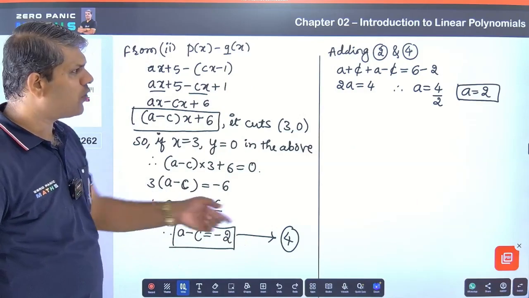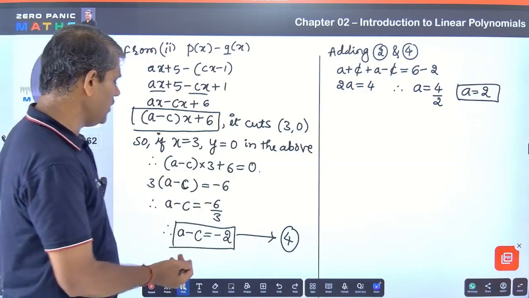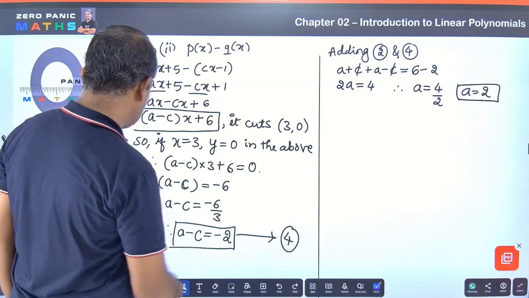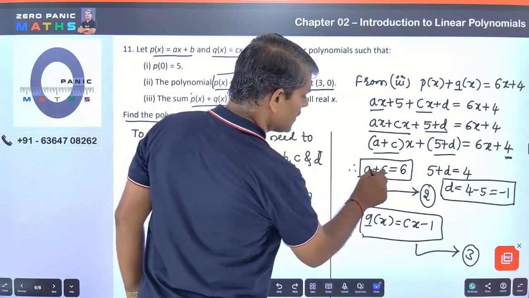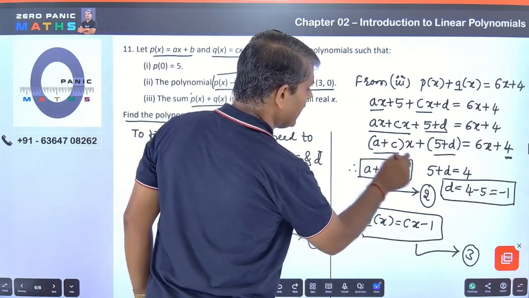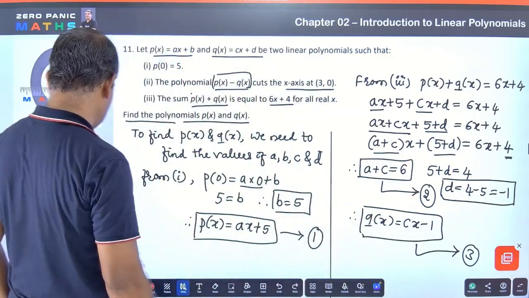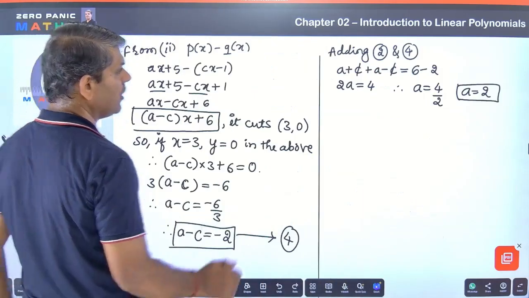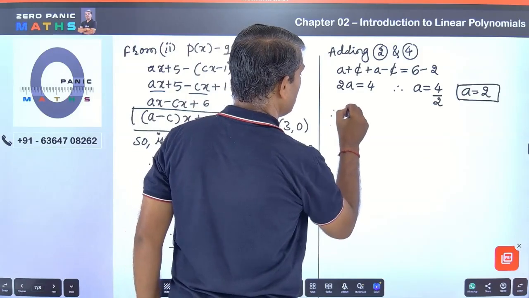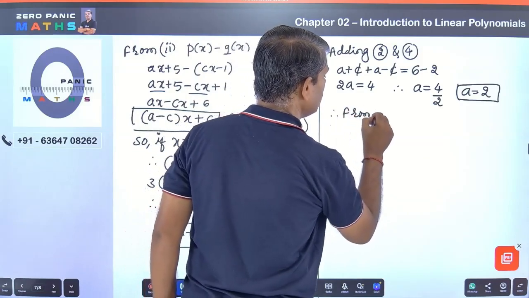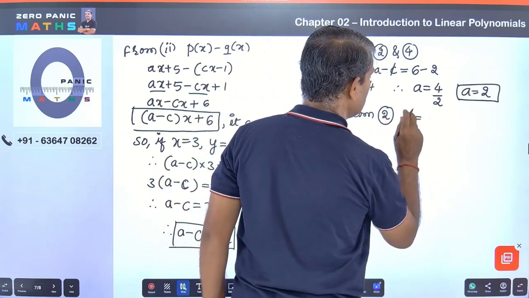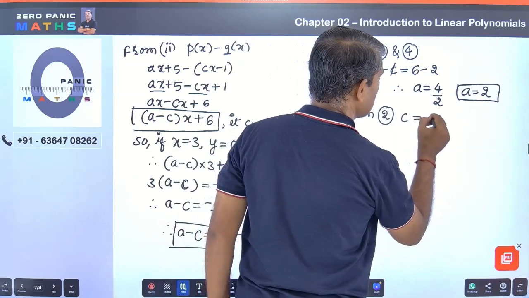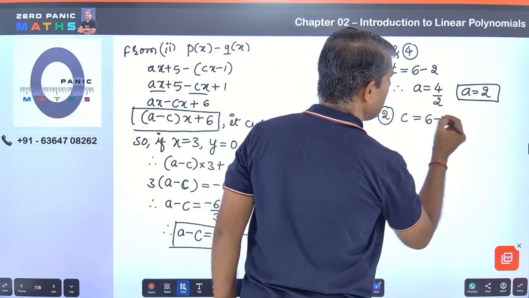Substitute that value of a in equation 4 and you will get the value of c. Equation 4 or 2, any equation you can put it. Now let me substitute that in equation 2 only, because it will be easy here, because I have c on the left side, take a to the right side. So from equation 2, I can say c is equal to 6 minus a.